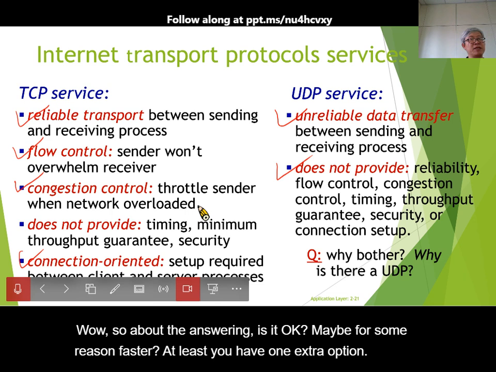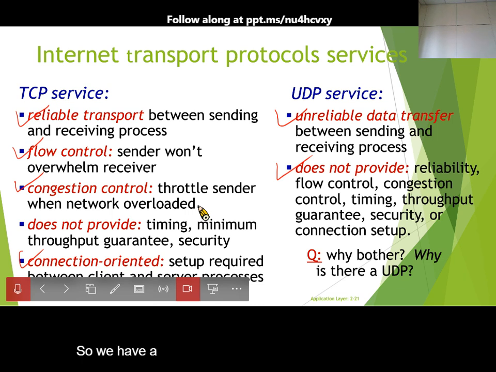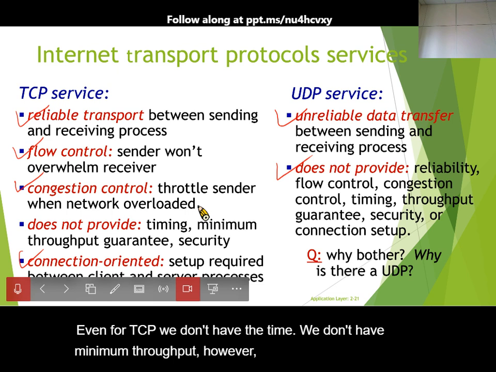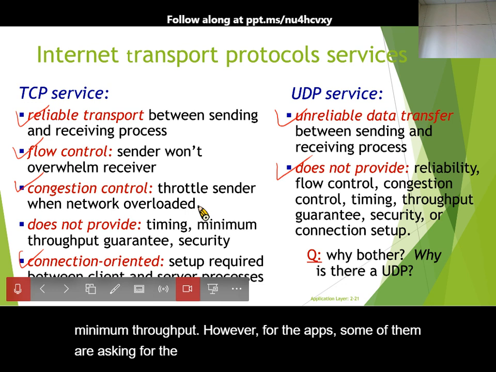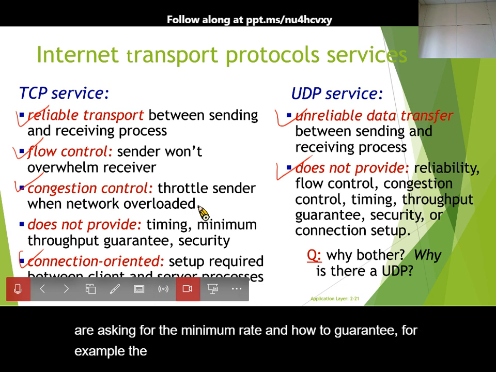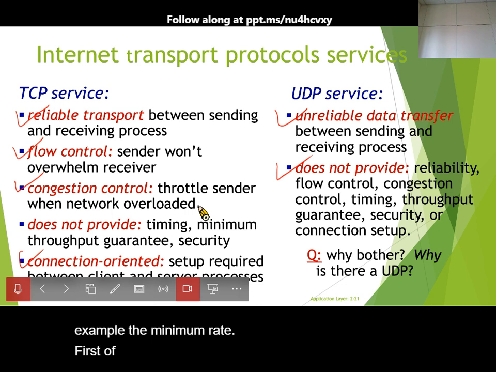So we have TCP, UDP, but think about this. Even for TCP, we don't have timing. We don't have a minimum throughput. However, for the apps, some of them are asking for the minimum rate, and how to guarantee, for example, the minimum rate. First of all, if you want to guarantee, sorry, TCP, I cannot guarantee this.